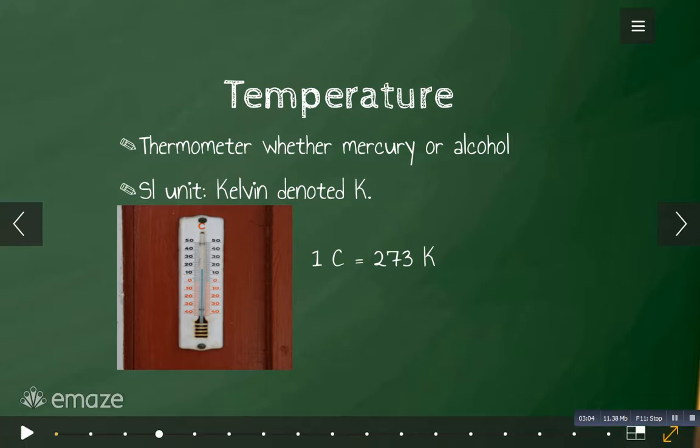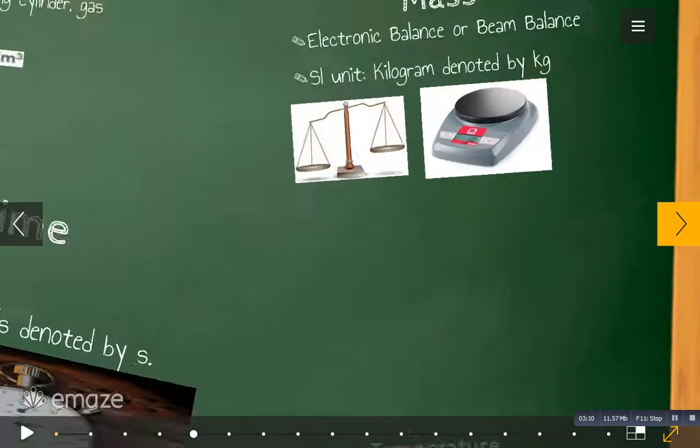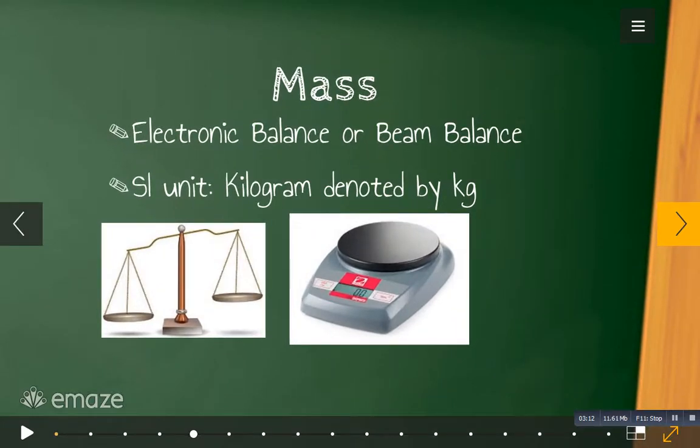Now, to measure mass, we use either the electronic balance or the beam balance. The SI unit for mass is actually kilogram, denoted by small k and g. Now, you might have seen this beam balance.